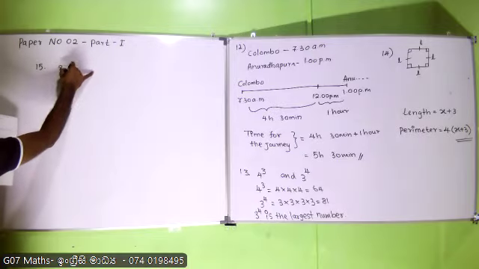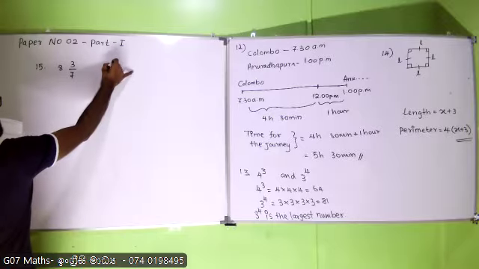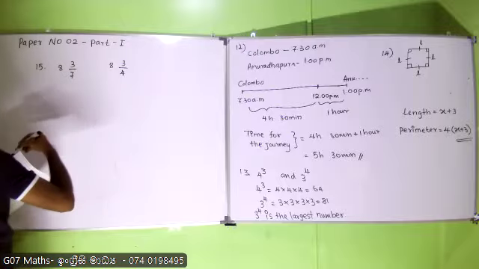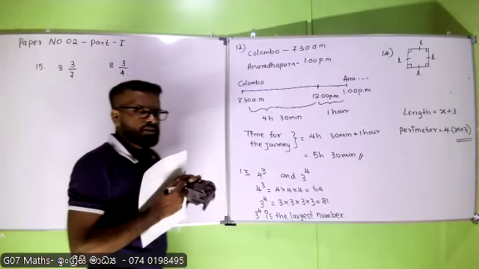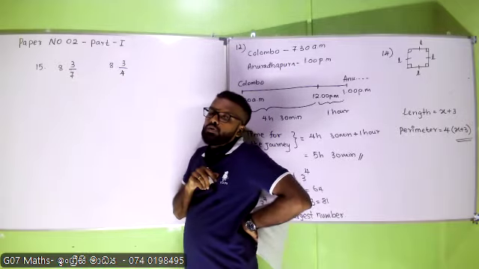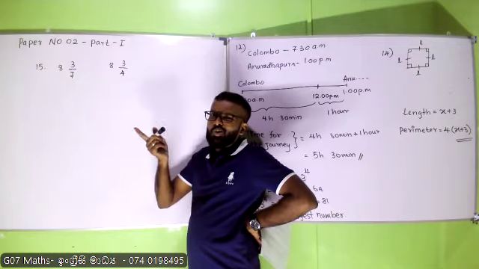8 and 3 upon 7, blank, 8 and 3 upon 4. This is a mixed number, two mixed numbers. What can you say about the whole number part? Are they equal or different?